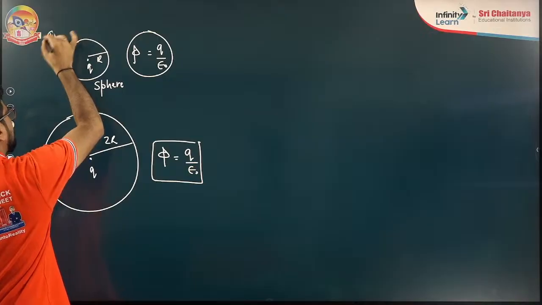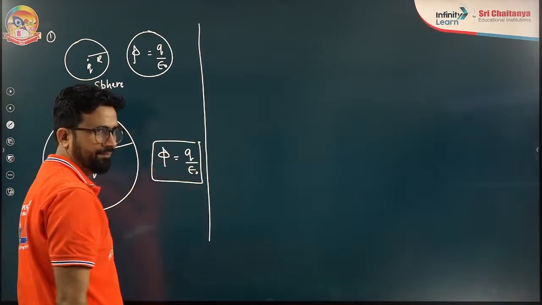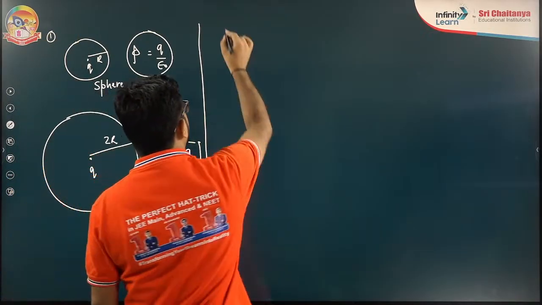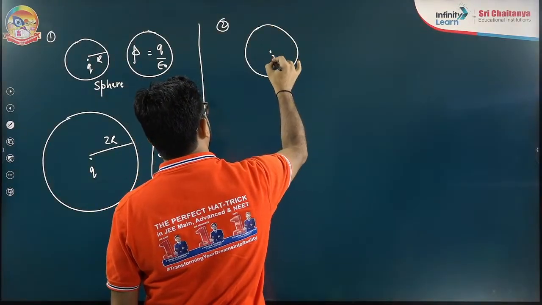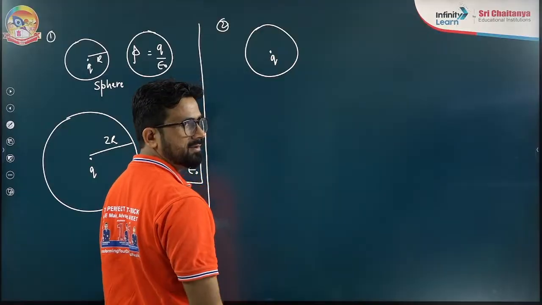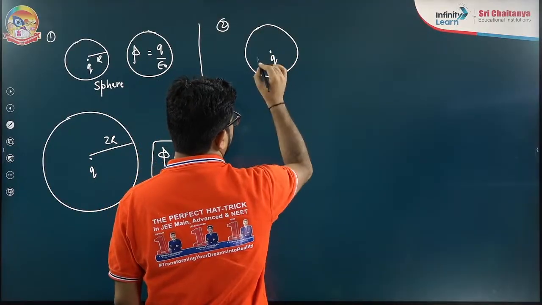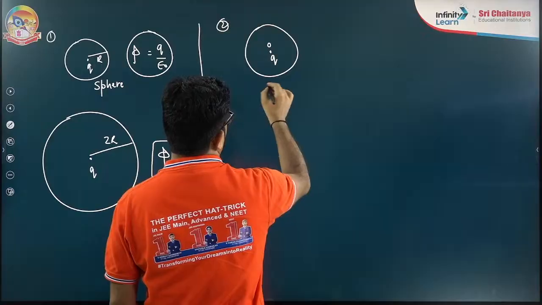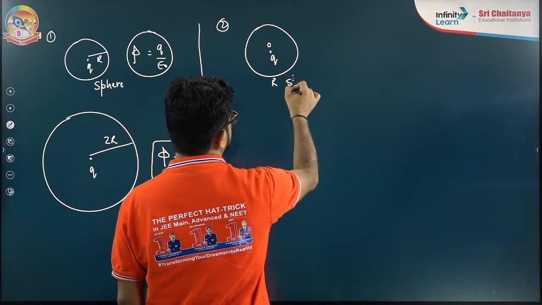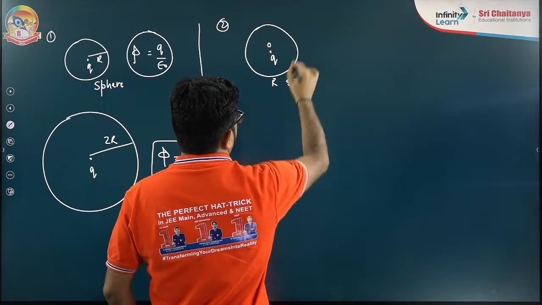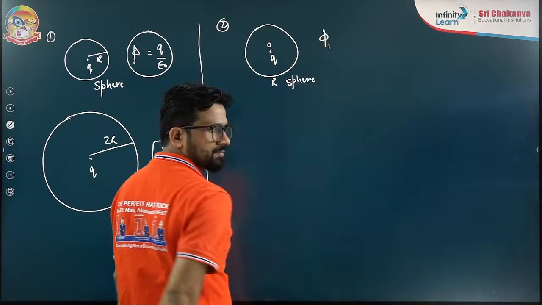Now question 2. I am asking a very simple question. Suppose this is a sphere. At the center, the charge is Q. At the center it is placed. Try to understand it. And the radius is R. It is a sphere. So calculate the flux 1.